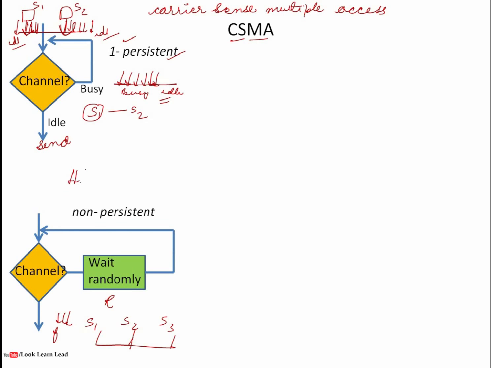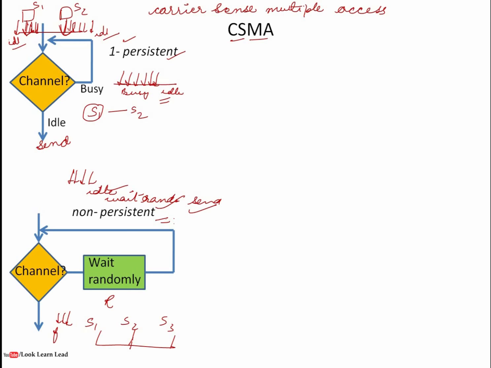It would sense the channel. If it is idle, it would wait for a random amount of time and then send. If it is not free, it would wait for a random amount of time, then sense again and send. So this is called non-persistent.